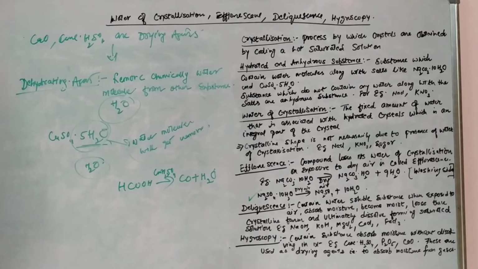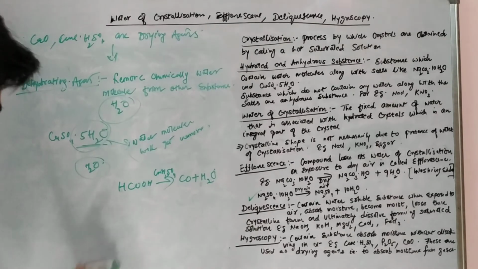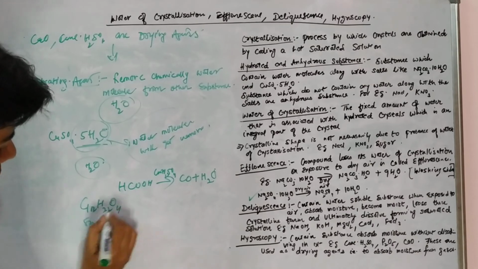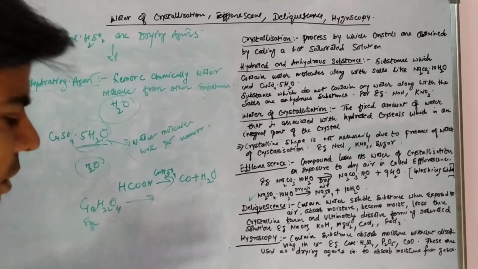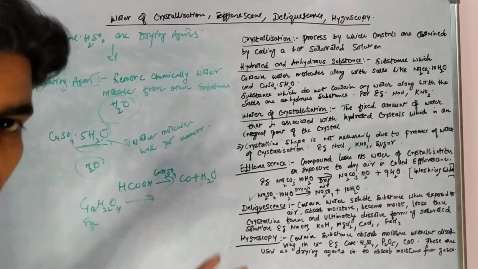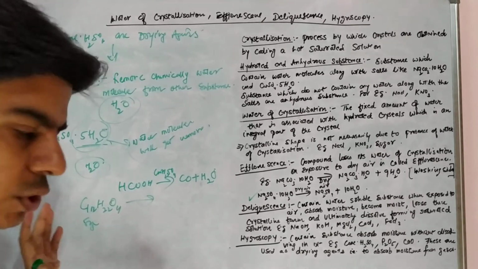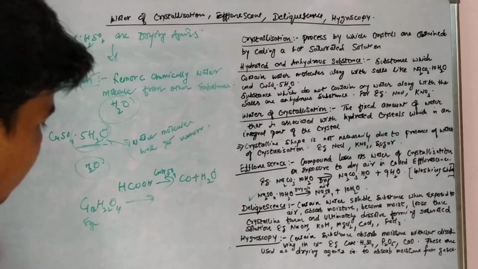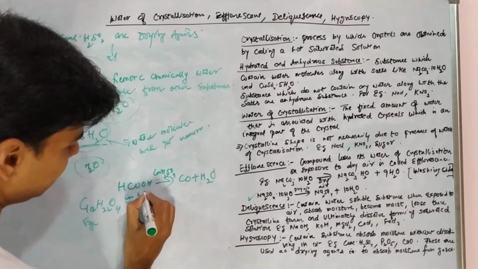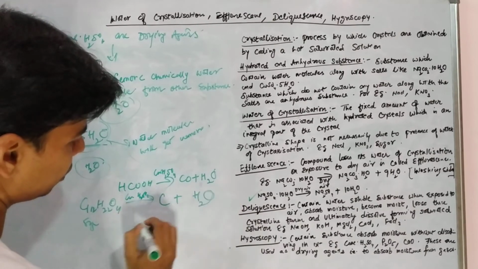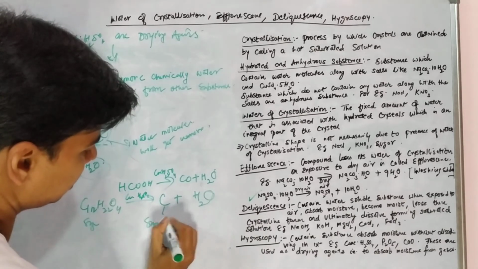Similarly, if you take C12H22O11, sugar, the dehydrating agent will chemically remove water molecules from this sugar, and it will form sugar charcoal. If you put concentrated sulfuric acid to it, it will form carbon plus water. This would be known as sugar charcoal.